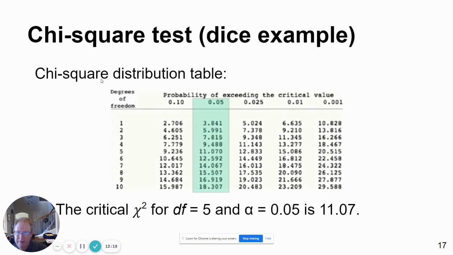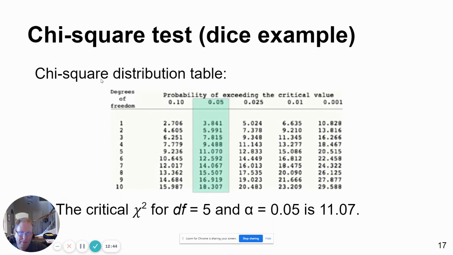So I'm going to go across the row with degrees of freedom 5. I'm going to go across until I get to my critical value of 0.05. And I see from this table that my critical chi-squared for degrees of freedom 5 and alpha equals 0.05 is 11.07. That's my critical value.